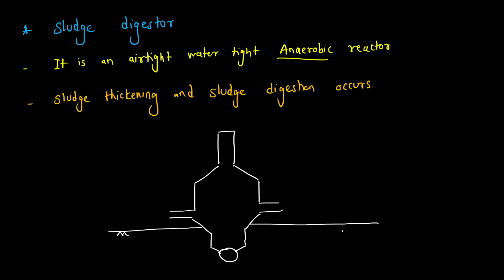So this is the ground level. There is an outlet here at the top. This outlet is for gases. The sludge enters from here, fresh sludge.